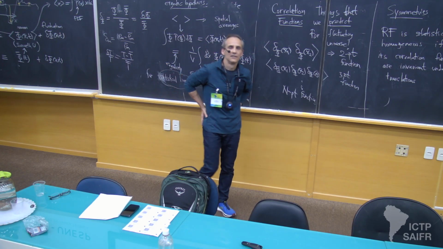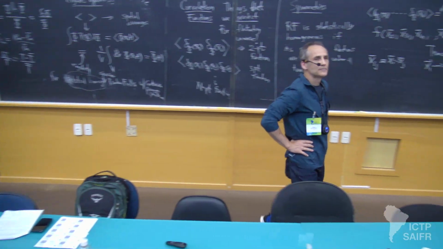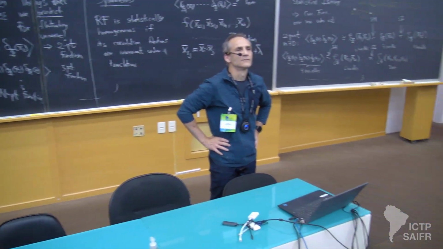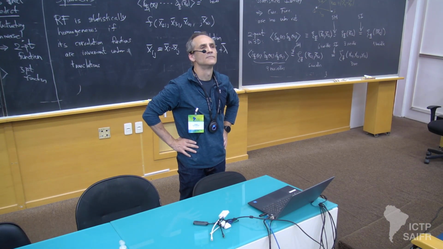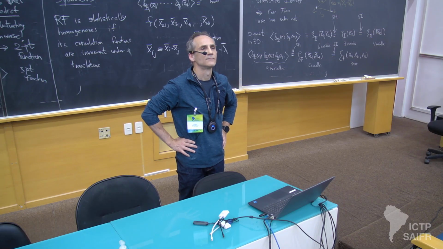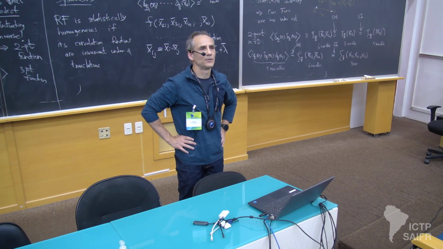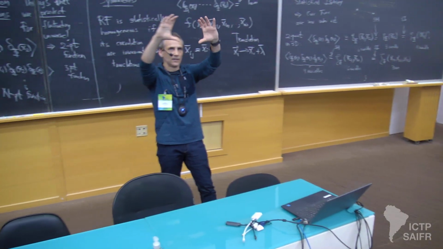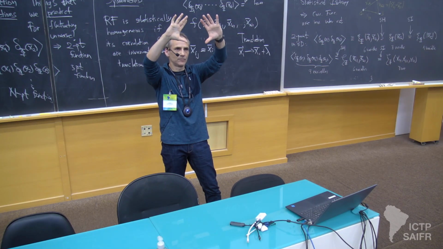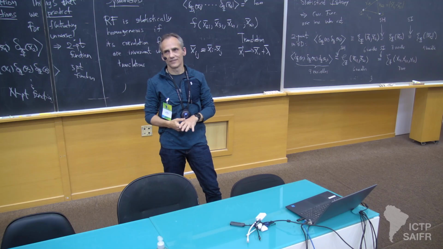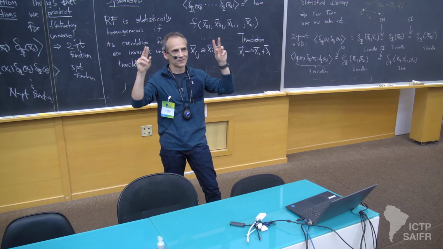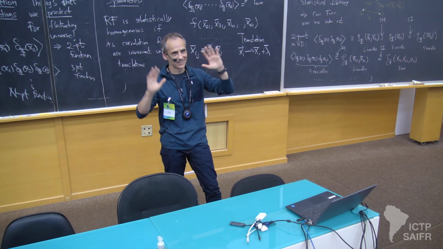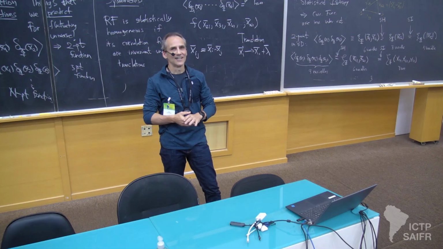Hey, thanks for the lecture. I just wanted to know, if my survey does not have a large area, does this symmetry still hold? Can I still use it? Yeah, you have to be careful. If you have a very small volume, right? I mean, the answer is it depends. This is always the worst answer you can give, but it's true, unfortunately.